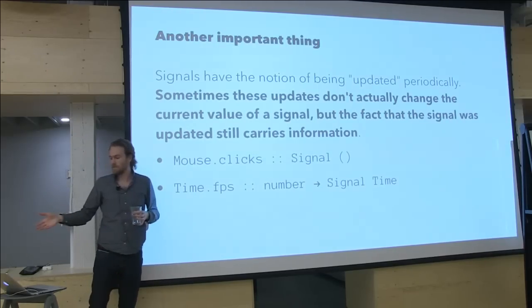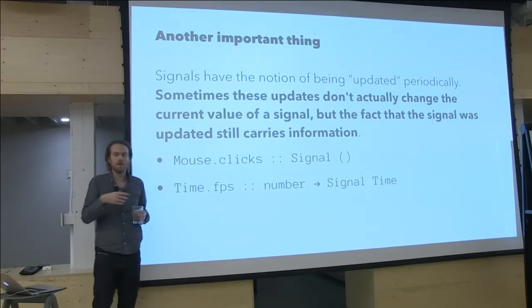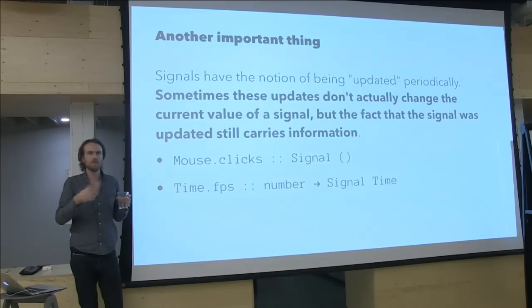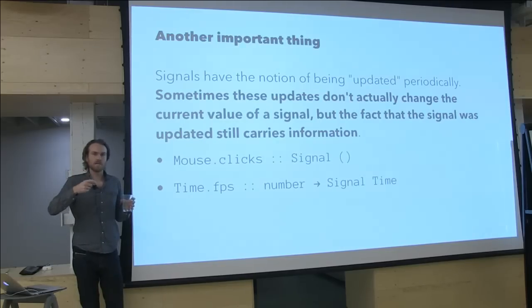Similarly, with this FPS function for time, that ends up giving you a delta of milliseconds, the difference from this timestamp to the last time the signal updated. So if you give FPS 25, then it gets updated 25 times a second, and every time the value is 40 some milliseconds, because 25 times 40 is 1,000.